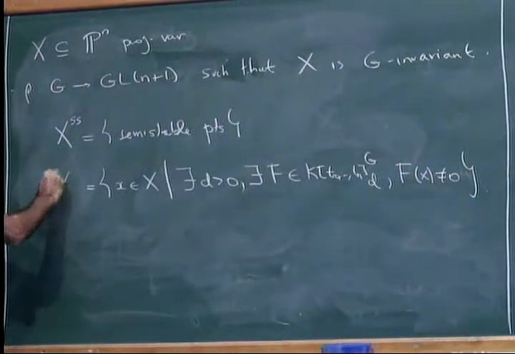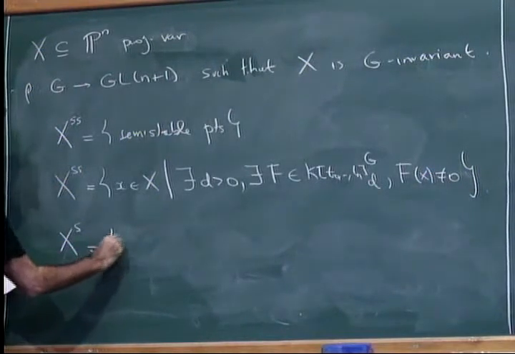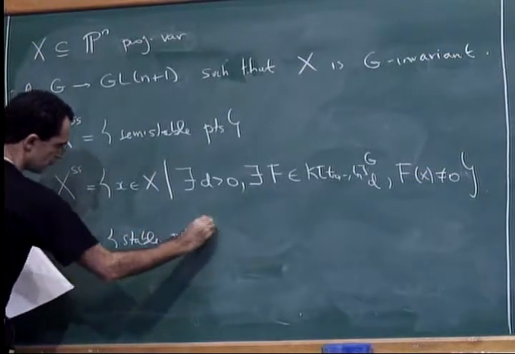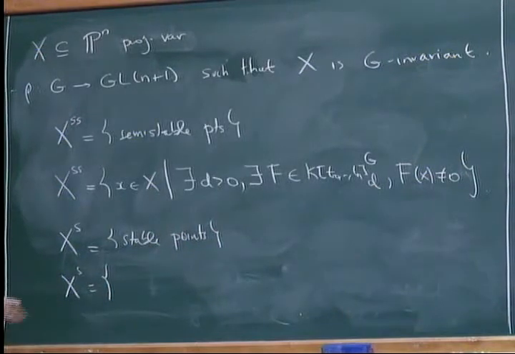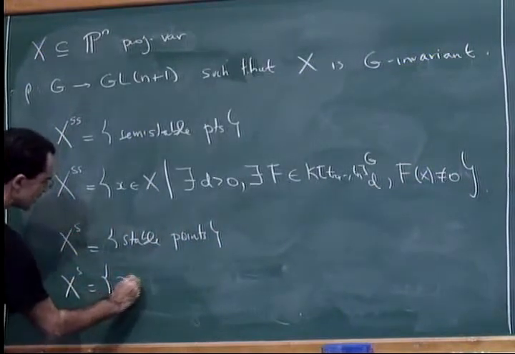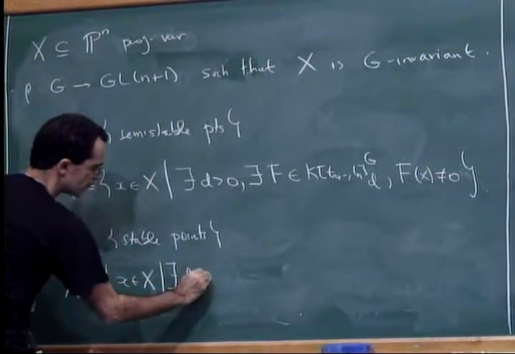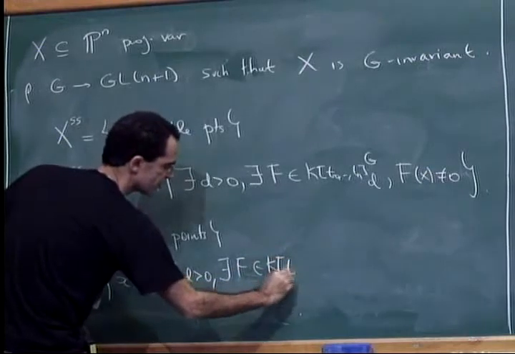So that's X^ss. And then we have the set of stable points, which is the set given by the same conditions, but with an additional condition. So again, the same thing, but you ask something further.